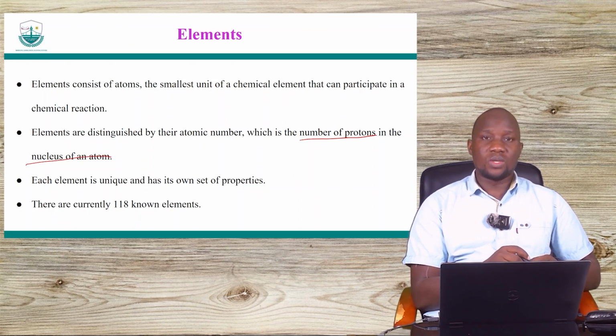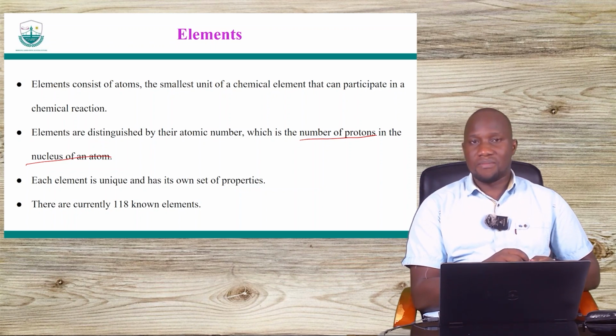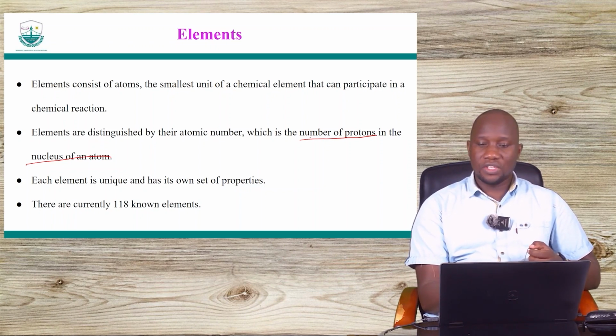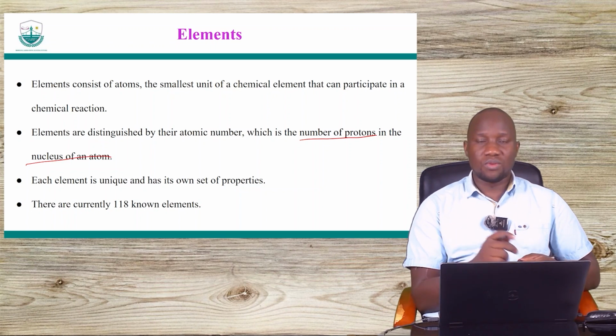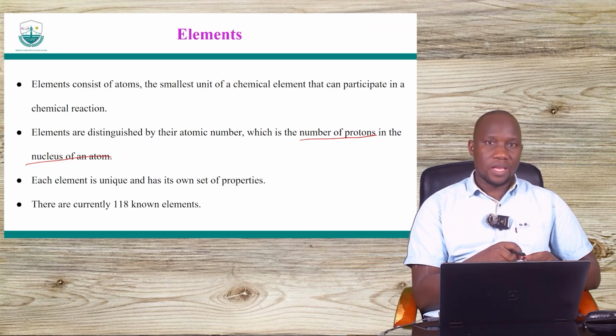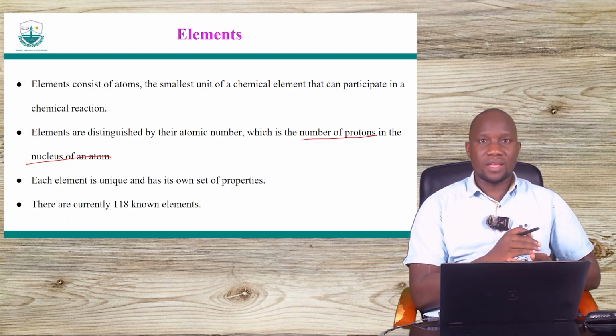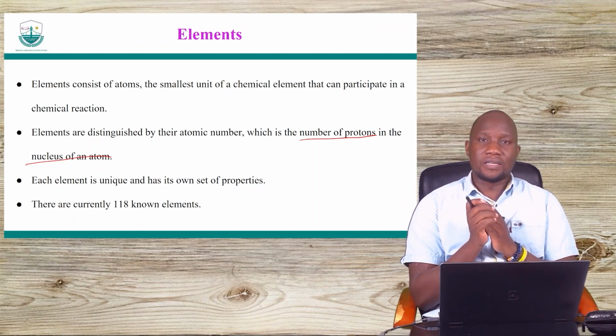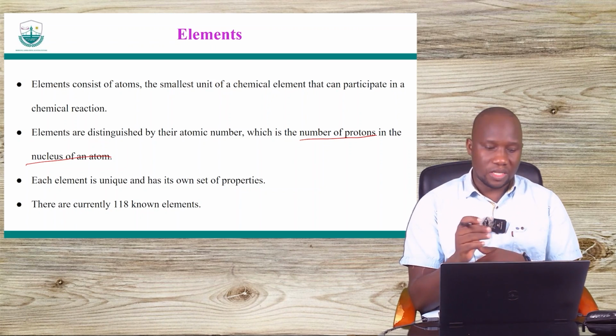So you cannot have two elements that have the same atomic number. That's not possible. The atomic number is defined as the number of protons in the nucleus of an atom. Each element has a unique atomic number, and this determines its properties.